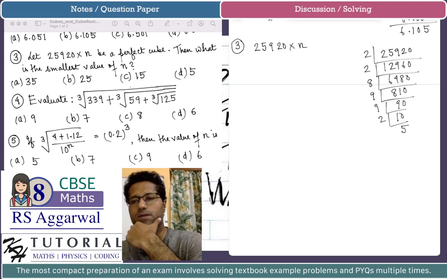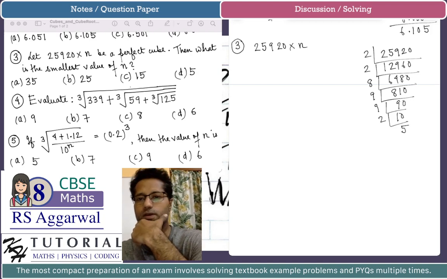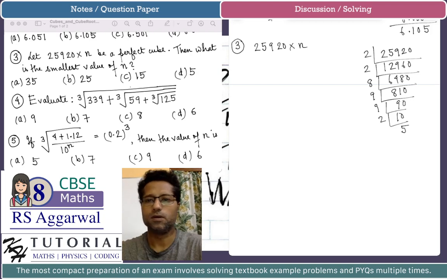Now you should be very careful in doing the prime factorization of the given number. Let me check it once again if I did it correctly or not. 2, 12960, 6480, 810, then 9, 9, 10, 2, 5, okay.